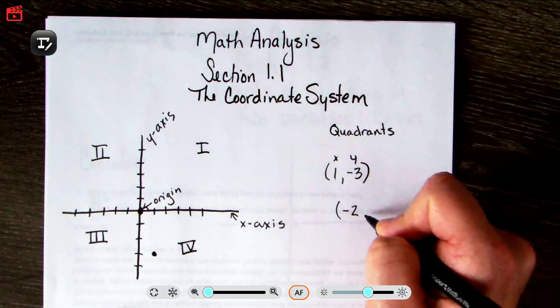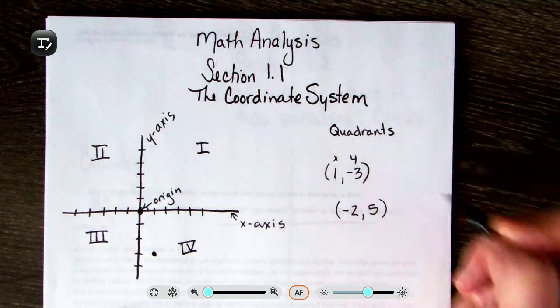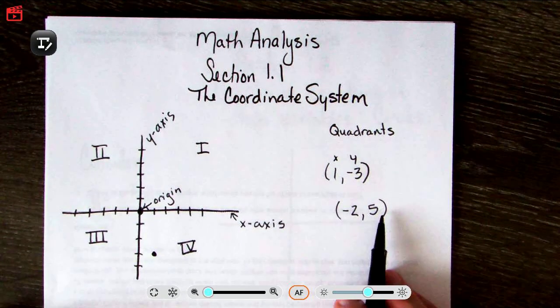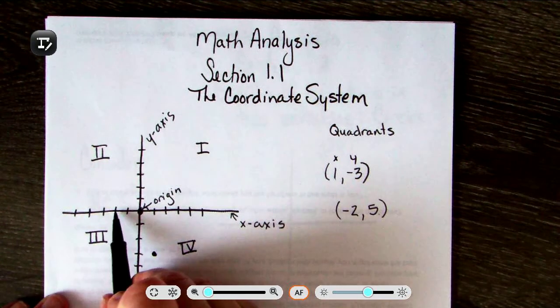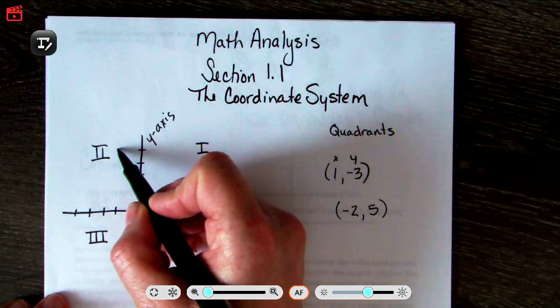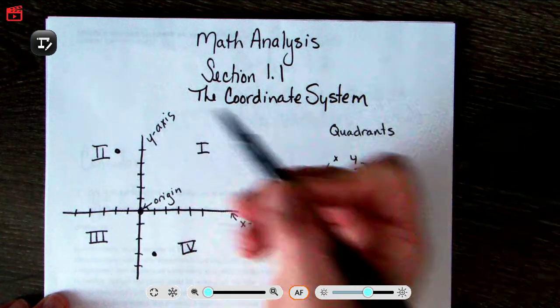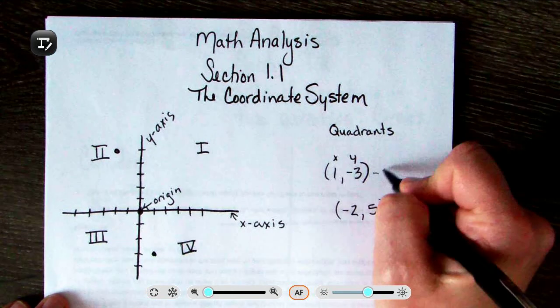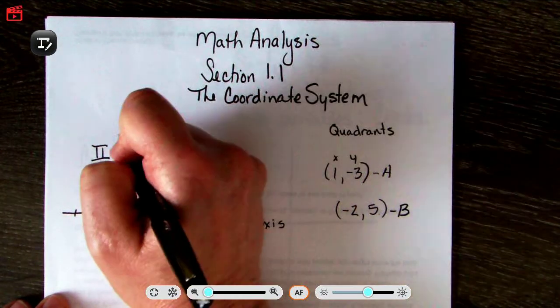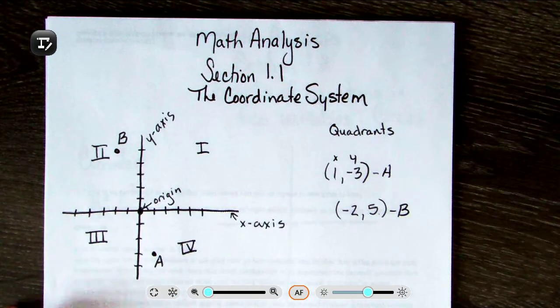So let's do negative 2, 5. Again, this is my x, this is my y. Negative 2, and then 5 would be 1, 2, 3, 4, 5, all the way up here. So if this was point A, and this is point B, A is down here, and B is up there.